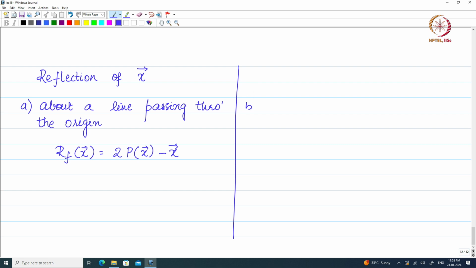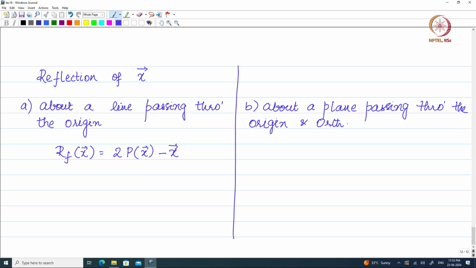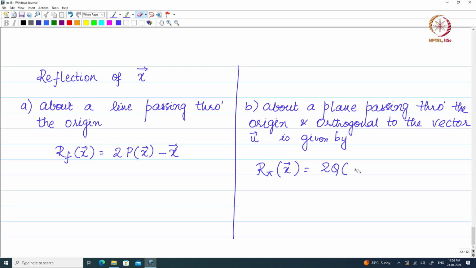Now, reflection of x about a plane passing through the origin and orthogonal to the vector u is given by r pi of x is equal to 2 times q of x minus the vector x.